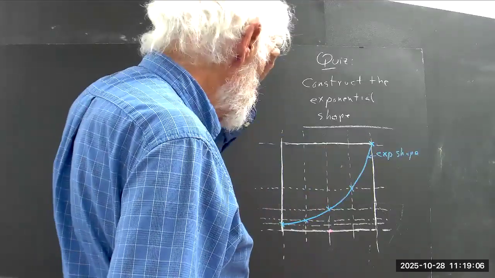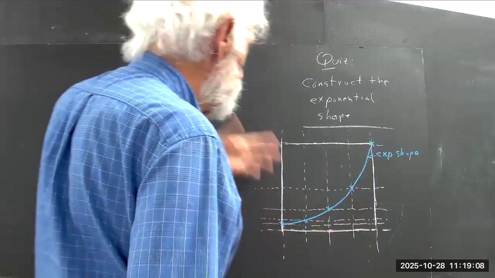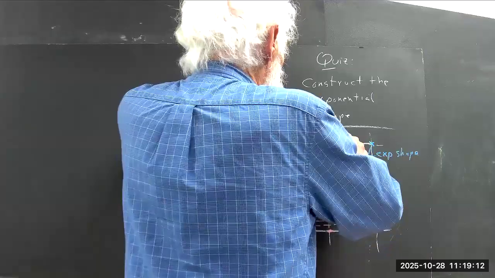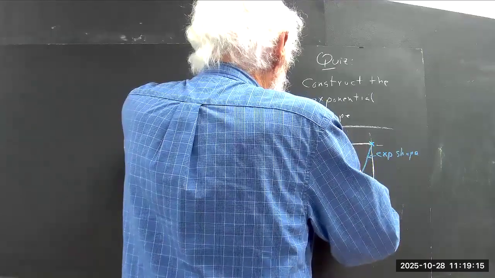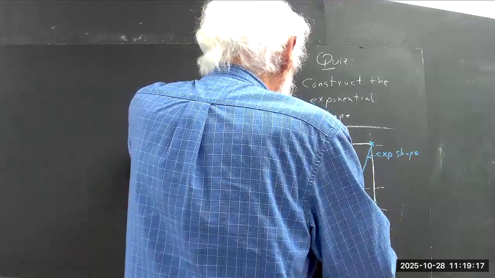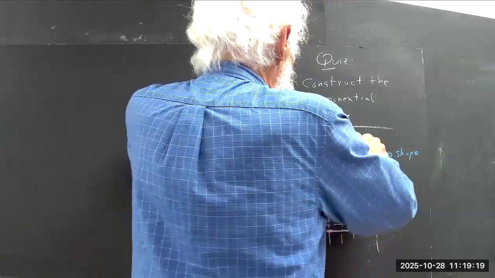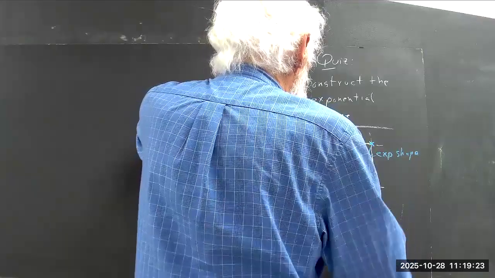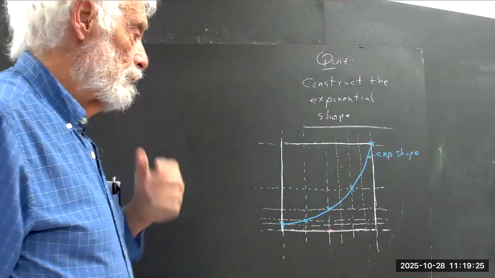So sketch a couple of dotted lines halfway. Well, okay, you should do that, but I know you know how to do that because you did a good graph. So I'm going to draw the lines I mean. If that line is halfway, this line is halfway.